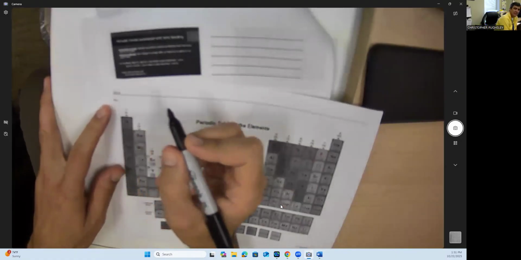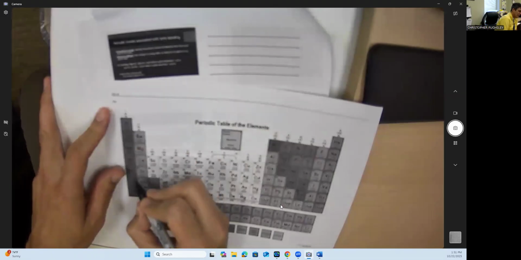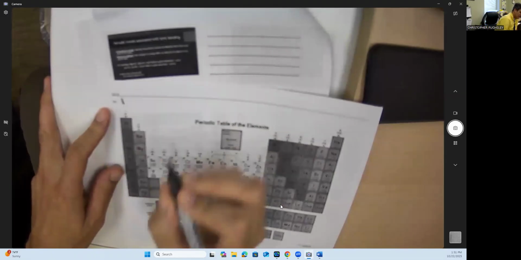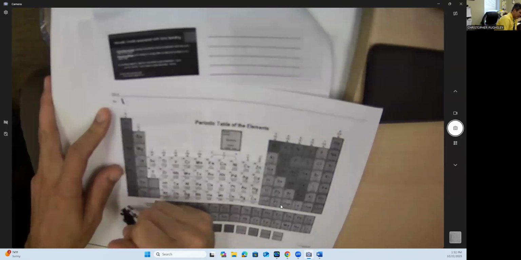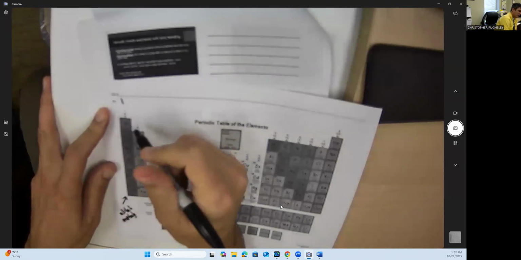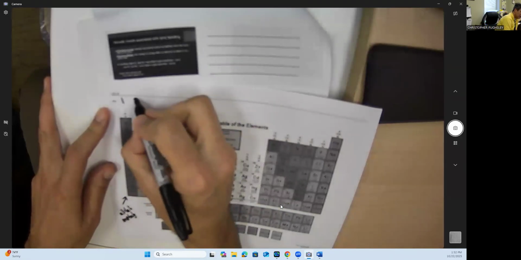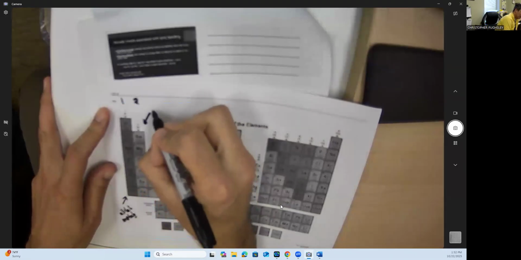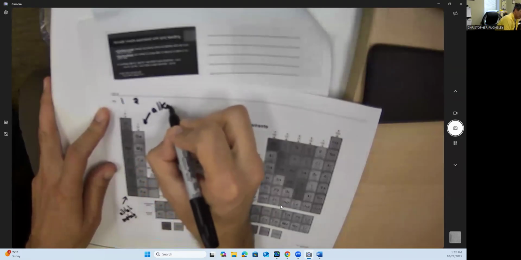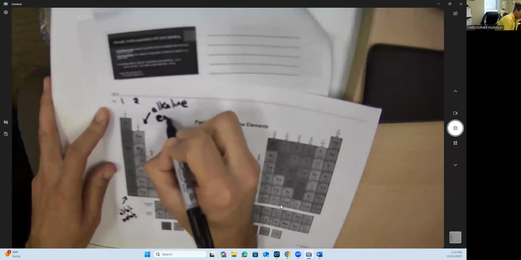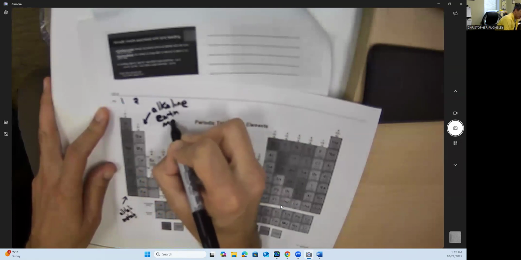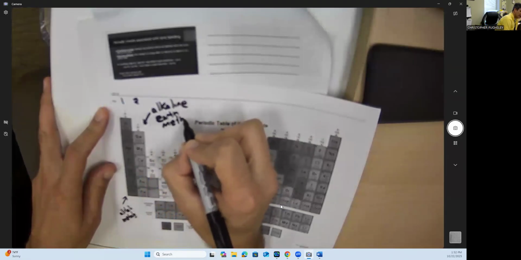The number of valence electrons: group 1, which are the alkali metals, have 1 valence electron. Group 2, which are called the alkaline earth metals, have 2 valence electrons.